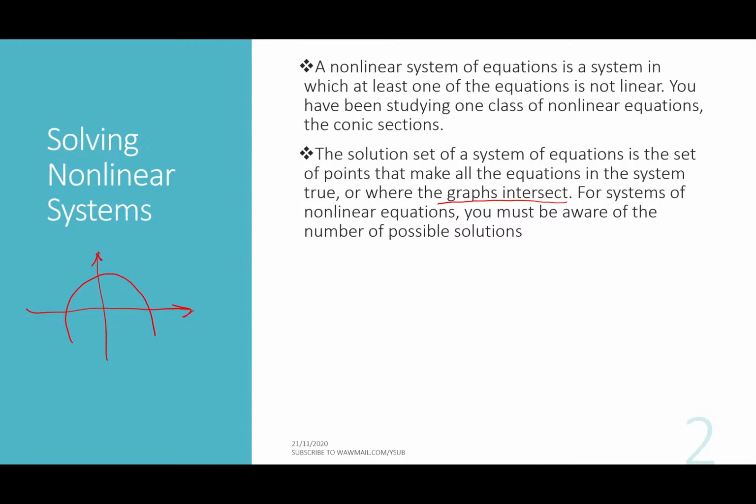This is the first equation, this is the second equation. You can find the solution by finding the intersecting points over here, and this is what we are going to talk about during the course here.